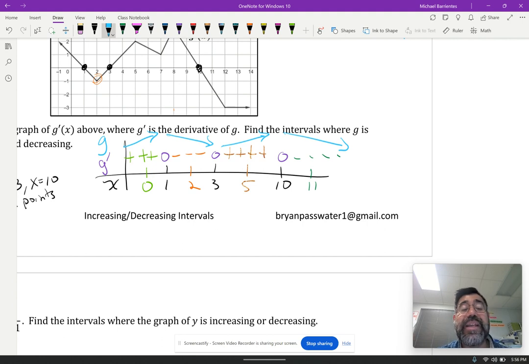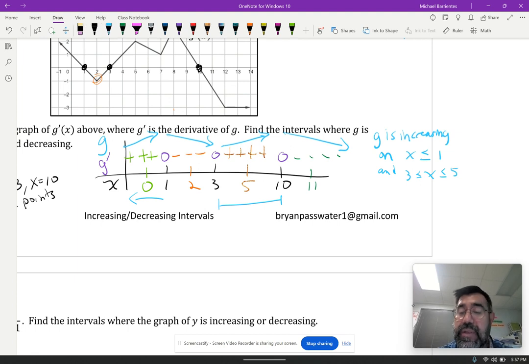But this question is about increasing, decreasing, so we're going to say g is increasing on x values that are less than or equal to 1 and between 3 and 10. X's that are between 3 and 10. I don't know why I wrote 5. Remember, the zeros are what we use to determine things. And I know that because g prime is greater than or equal to 0.